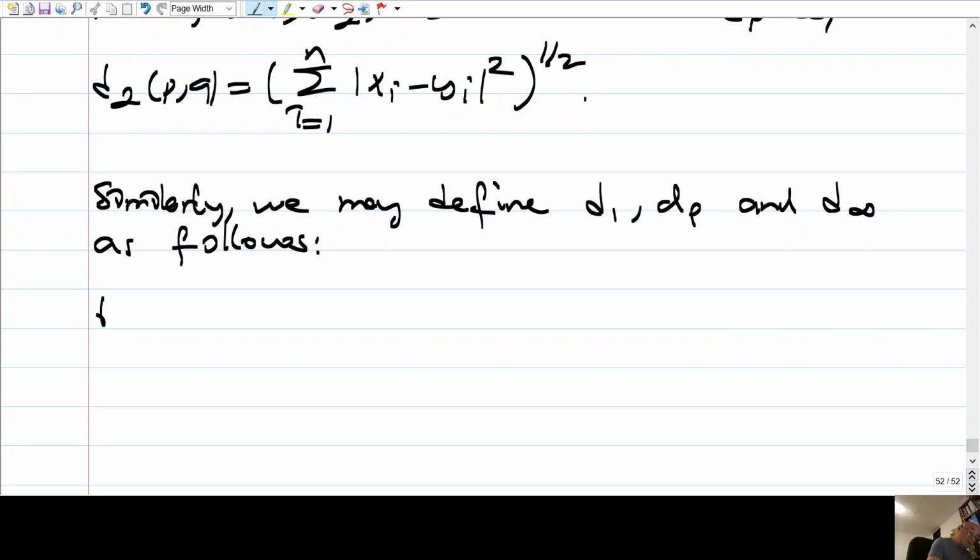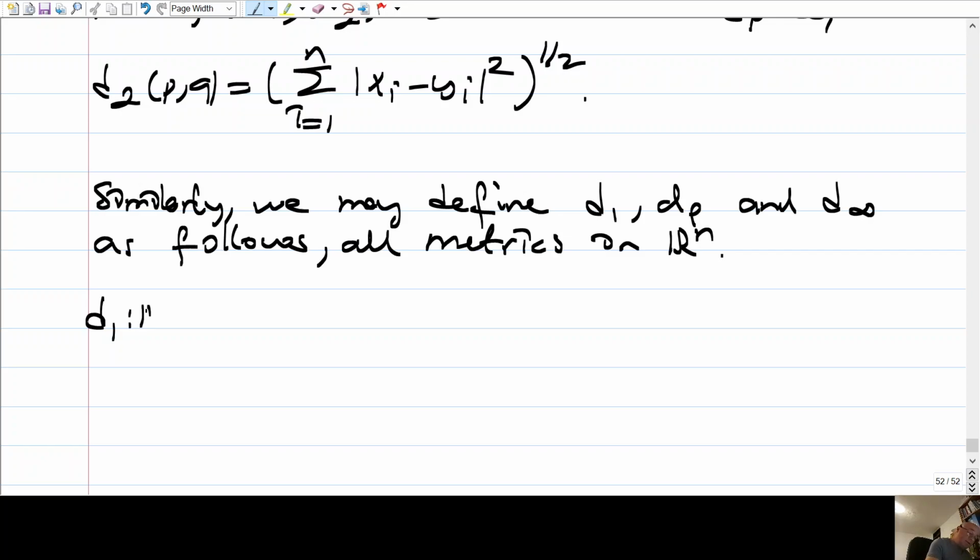D1 is the metric. So these are all metrics on Rn. They are different metrics, okay?